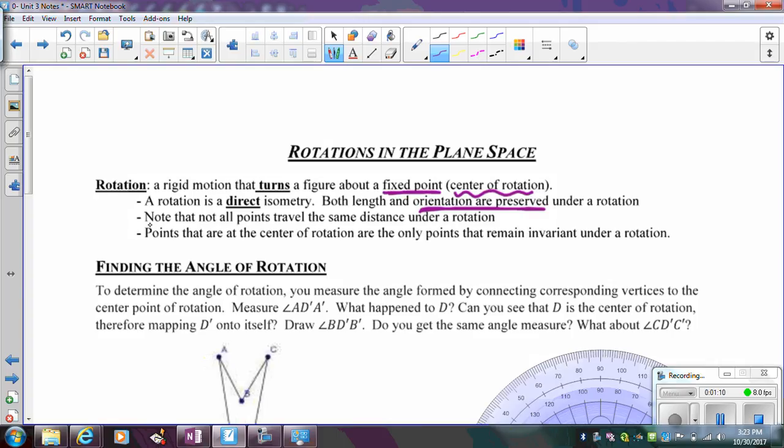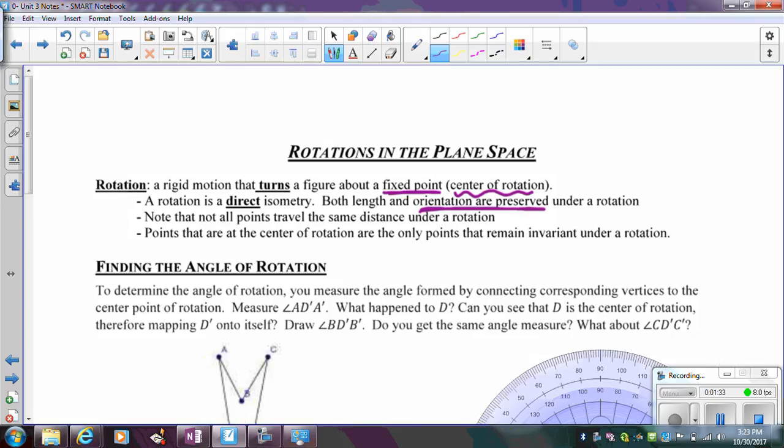And then this next idea here is that not all points are going to travel the same distance under a rotation. When we do a translation, all the points move using that translation. When we did reflections, that distance changes depending on how far the pre-image is away from the line of reflection.